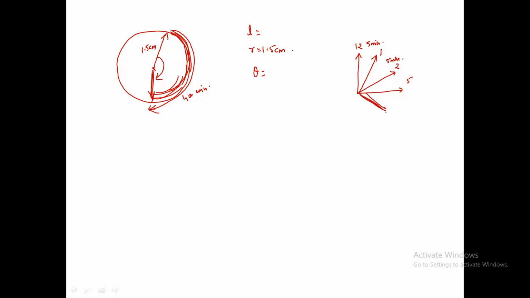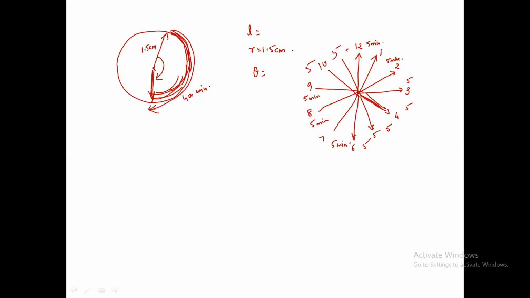Like that, 3 to 4, another 5 minutes. 4 to 5, another 5 minutes. 5 to 6, another 5 minutes. 6 to 7, 5 minutes. 7 to 8, 5 minutes. 8 to 9, 5 minutes. 9 to 10, another 5 minutes. 10 to 11, another 5 minutes. And 11 to 12, another 5 minutes.